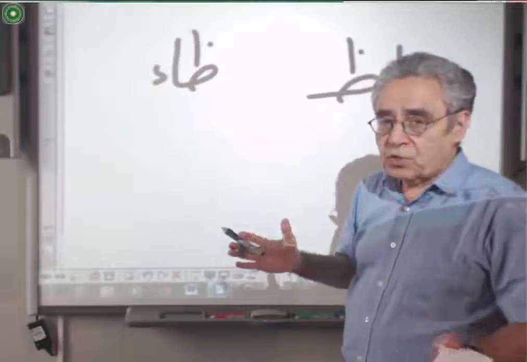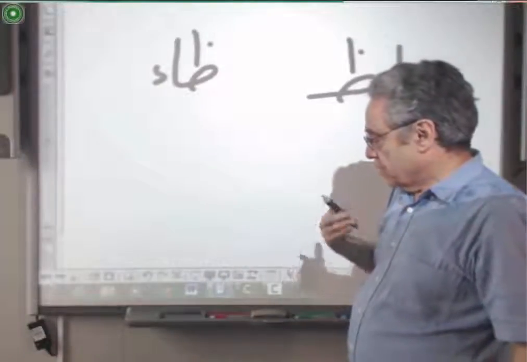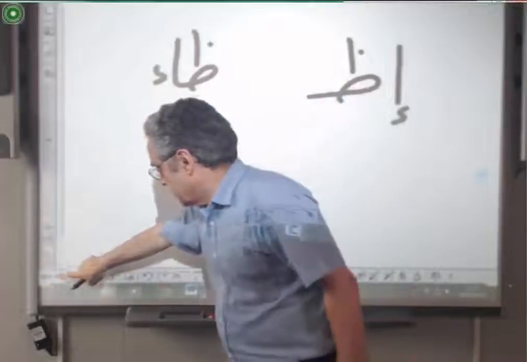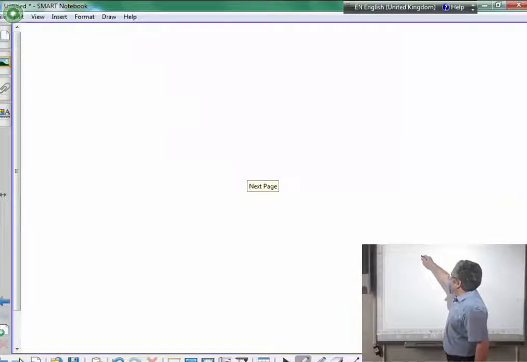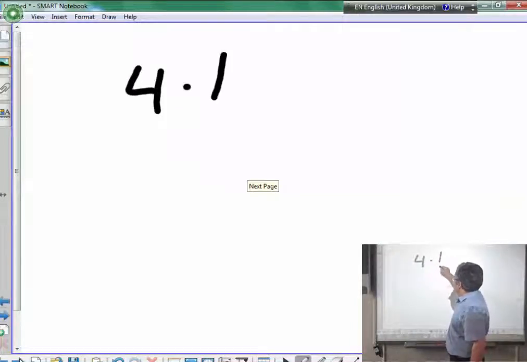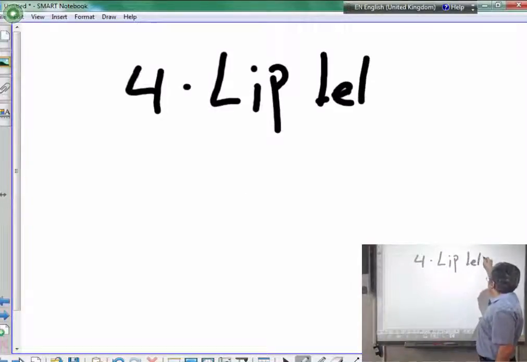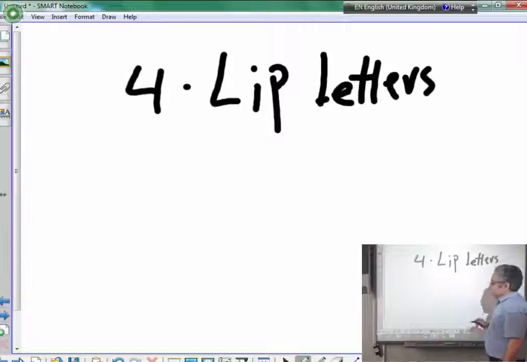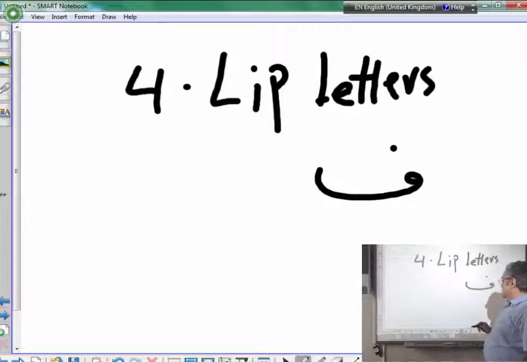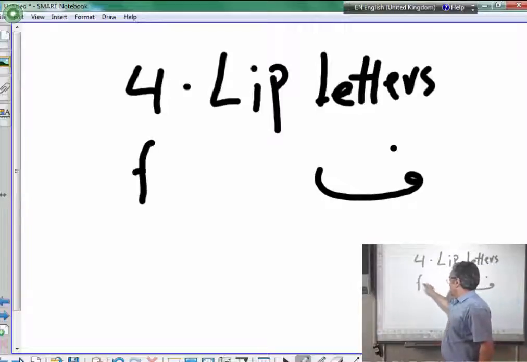So these are the letters we covered. We call them tongue letters. And the last thing we can take is the smaller group, the fourth group, which is lip letters. This is quite a small group of letters. We've got the first letter here. It is written fa.